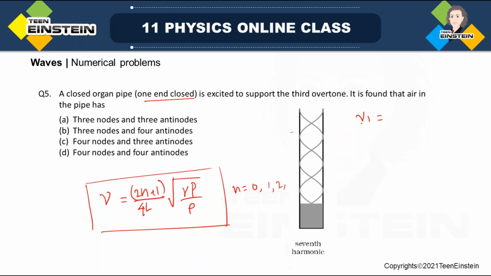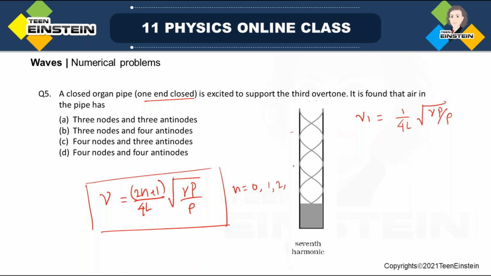When n is equal to 0, we get 1 by 4L root over gamma p by rho.